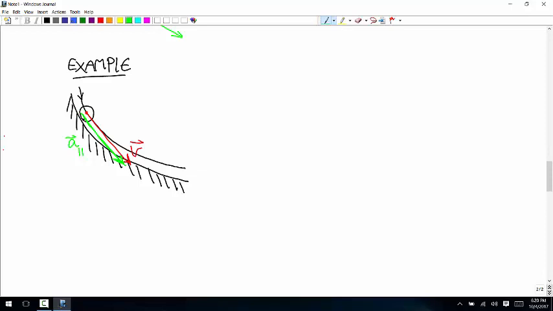So for this thing to stay on its path, the perpendicular part is this.